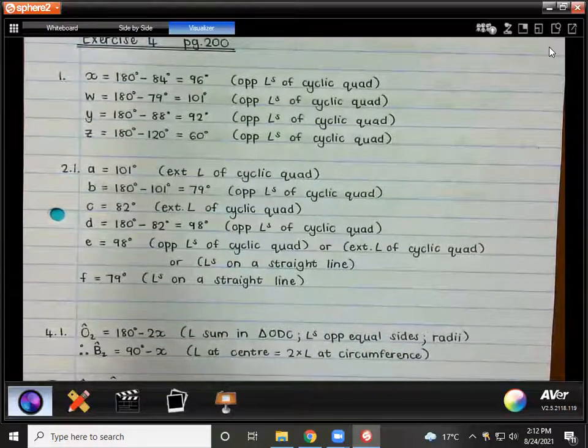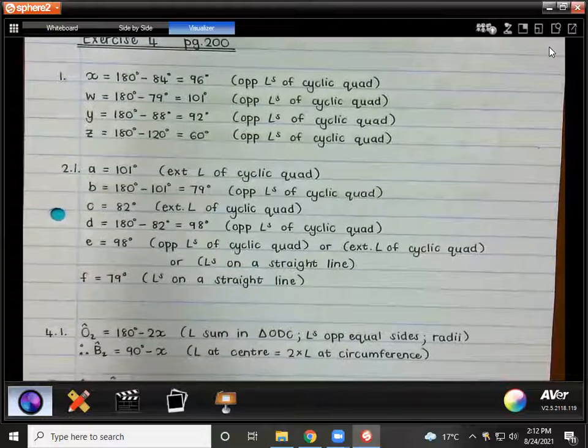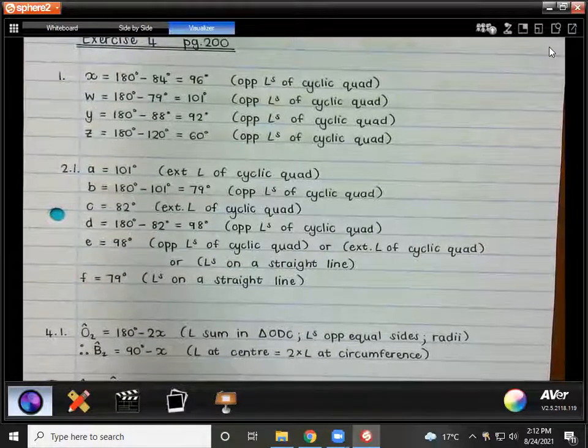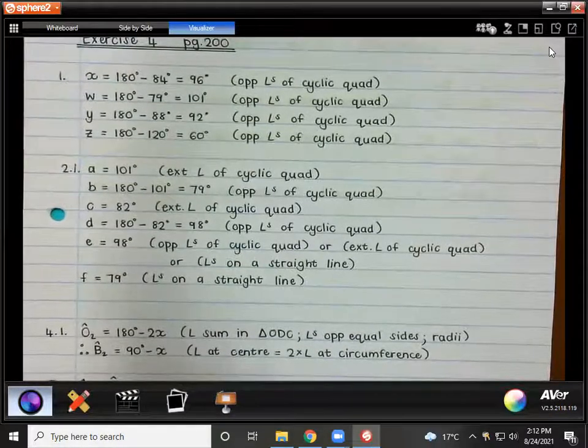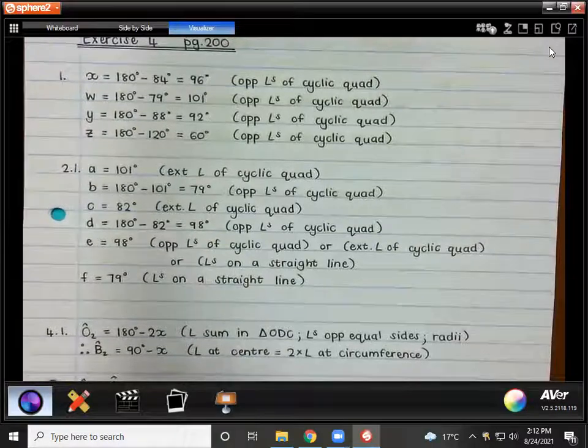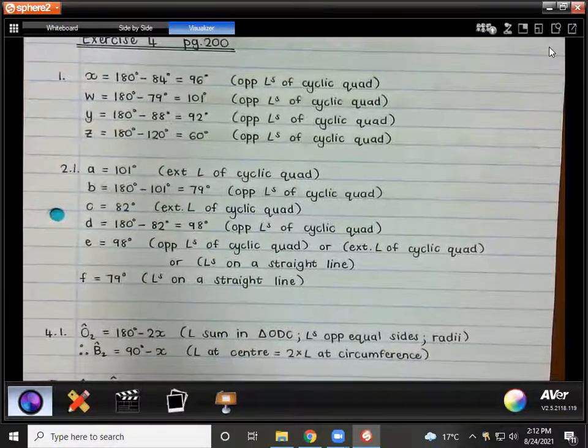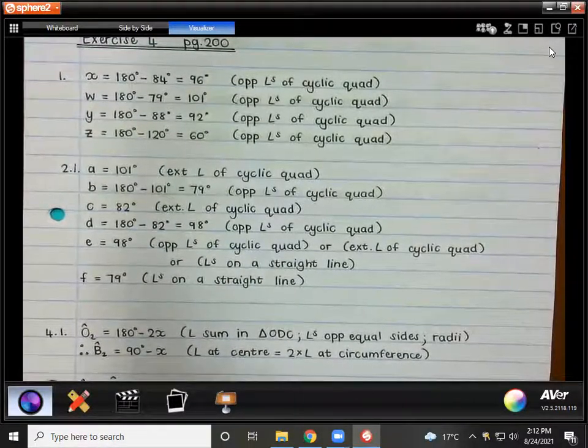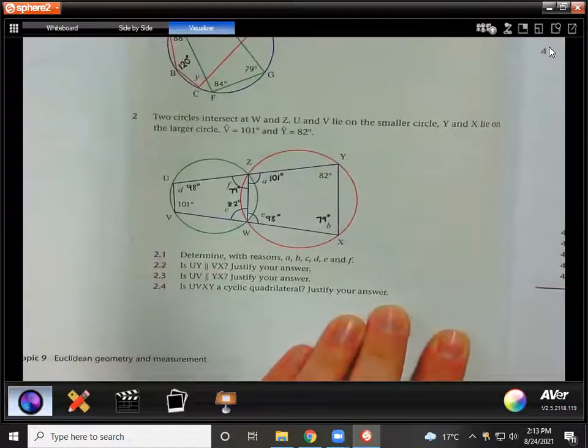Let me just quickly fill everything in here. 101, 79. Okay. So we have all those values now.